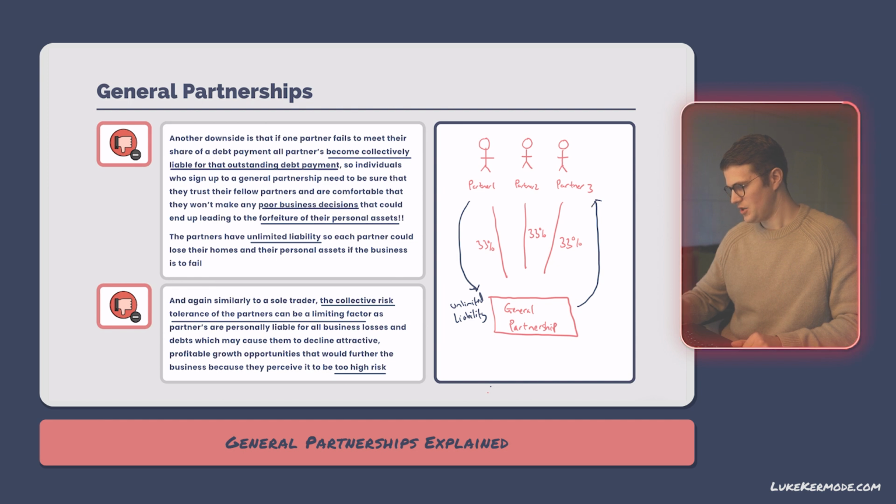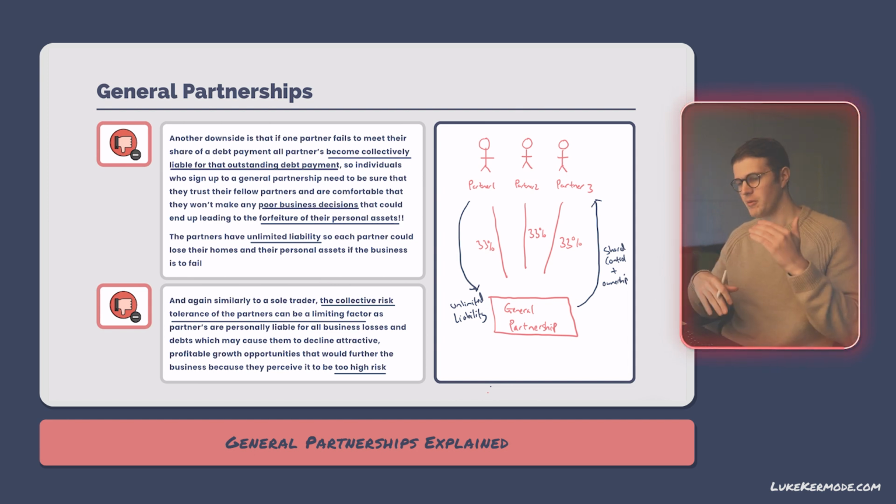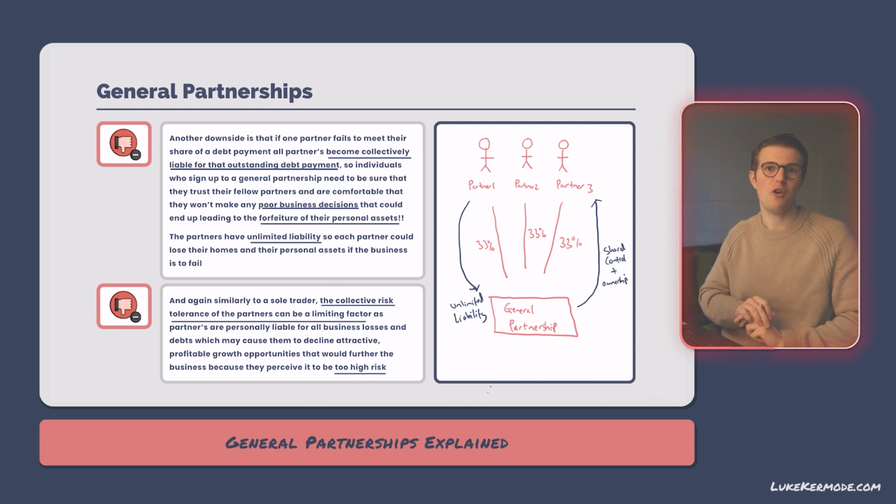In exchange for shared control and ownership. So yeah, the partners contribute capital either equally or in differing proportions, and then they hold personal liability, unlimited liability for the business's losses, but in exchange for all that, they have shared control and ownership over the direction of the business.